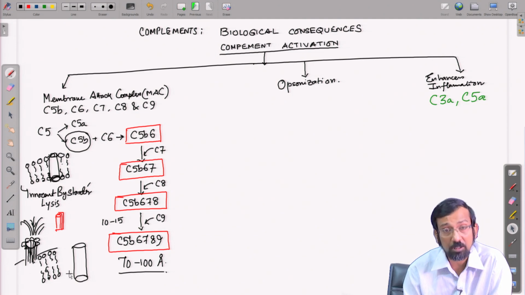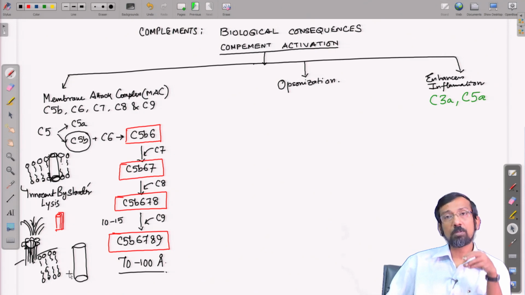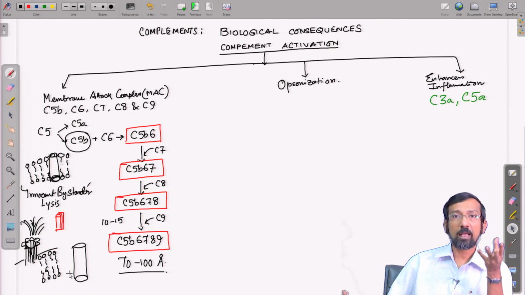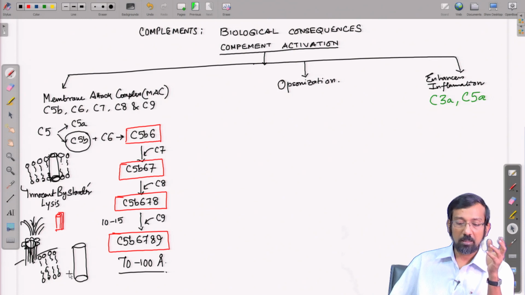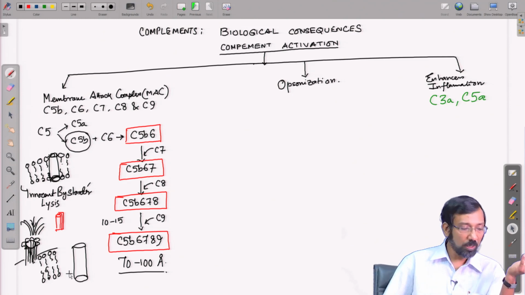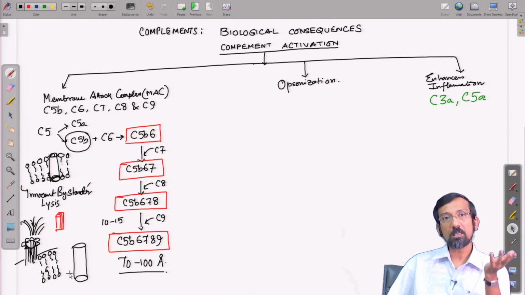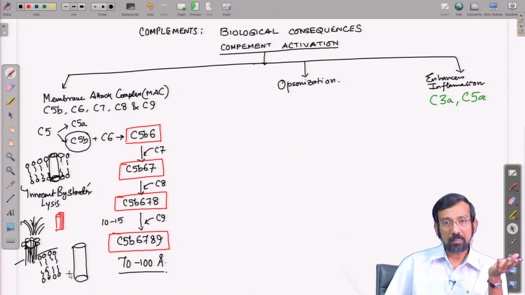This cylindrical structure gets inserted on the membrane of the cell and forms a channel or a pore and allows the entry of fluids, leading to bursting of the cell and finally leading to killing of the cells.